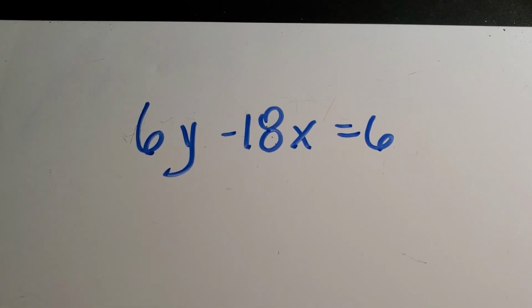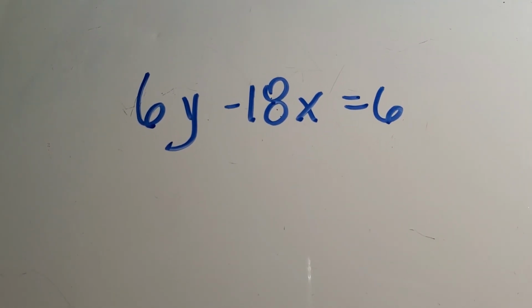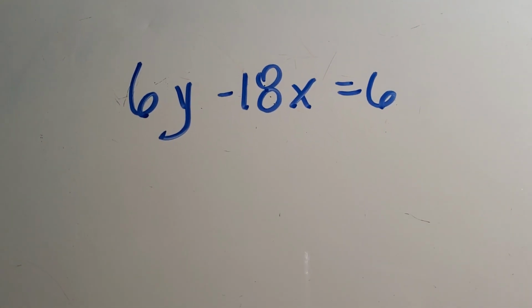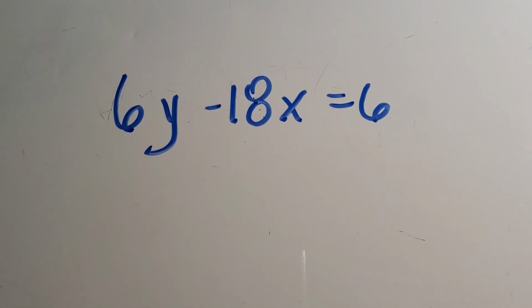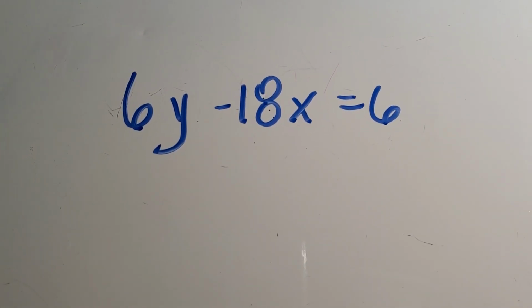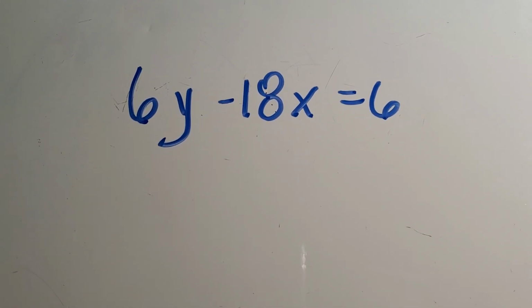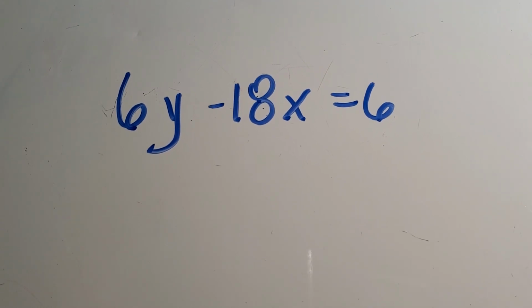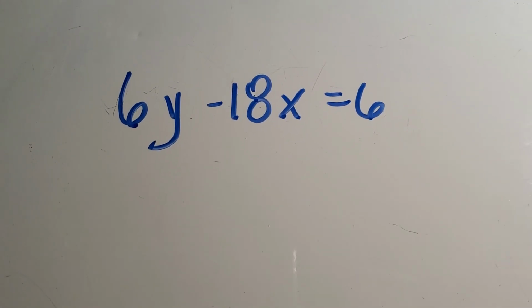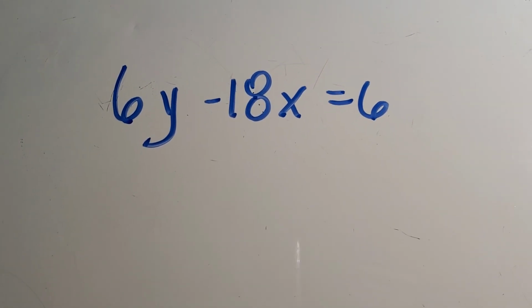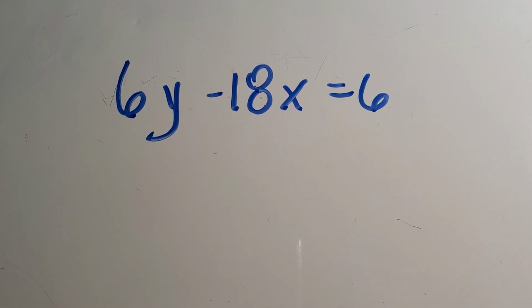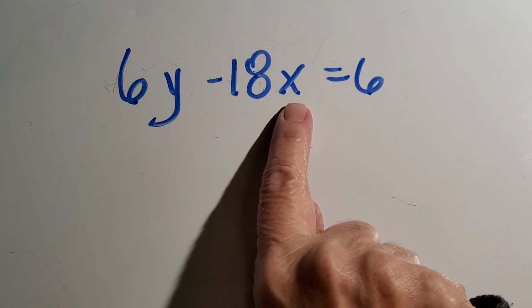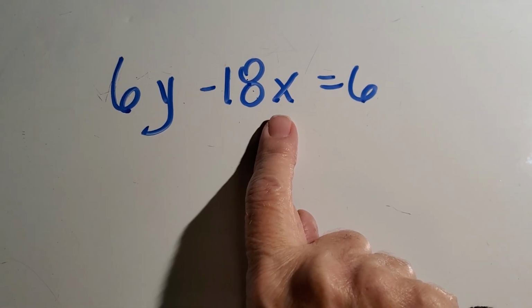Okay, the other equations that we just finished with were linear equations because they were only x to the first power. So if we get into x's to the second power, that's going to be a quadratic equation. And if we graph them, they're going to be parabolas. But if we have an equation that just has x's to the first power, like this one, it's just going to be a line.